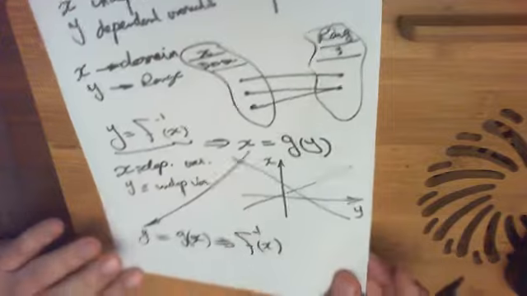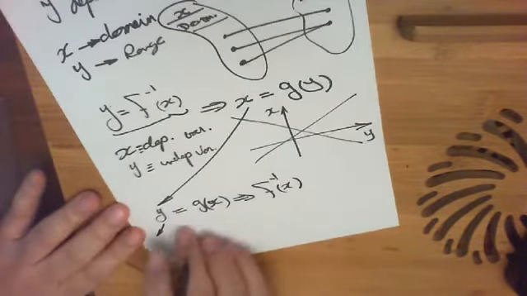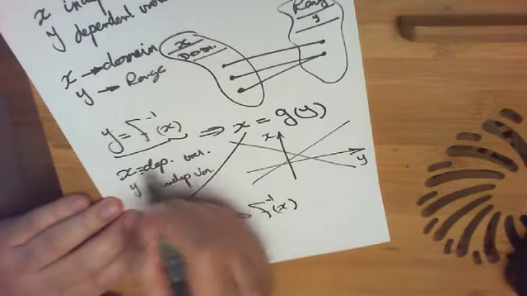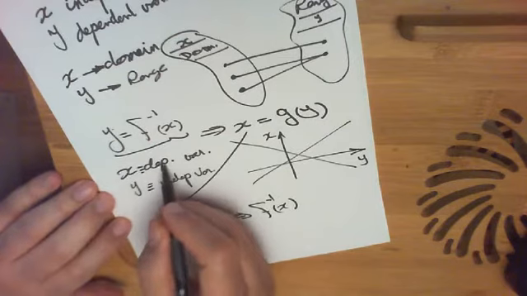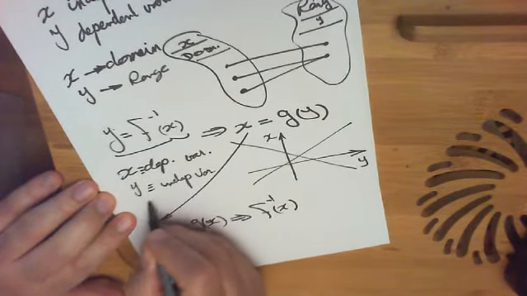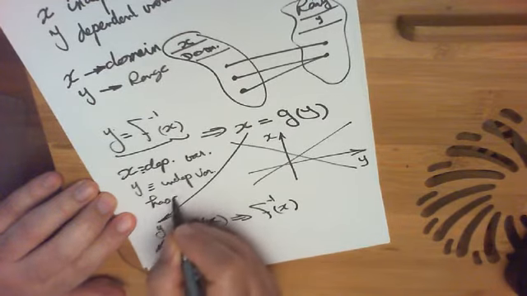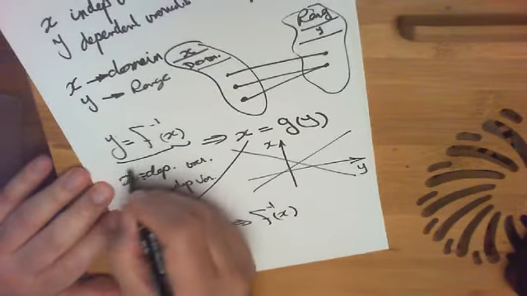So now y will have, for the inverse function, x as dependent, y independent. So y now has a domain, while x will have a range.